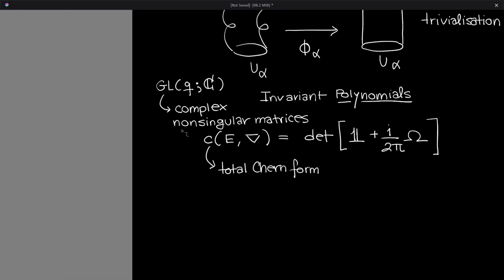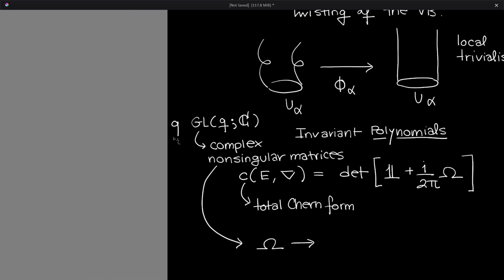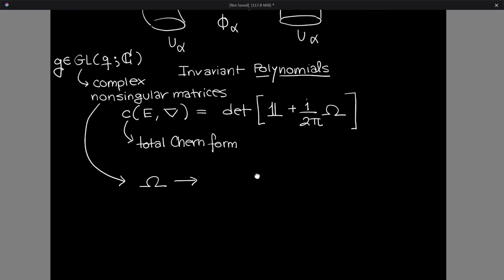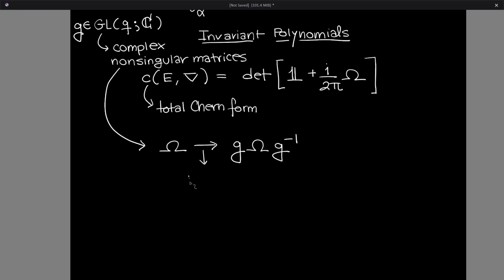that is a valid transformation. Valid transformation for what? Well, let's say that g is an element of this group, then the conjugation of the curvature form omega by this g is what is invariant, right? So this is invariant under this transformation.